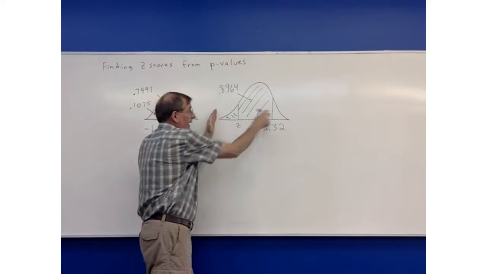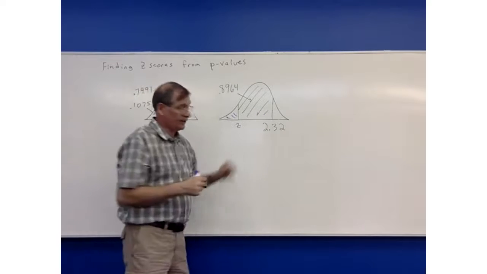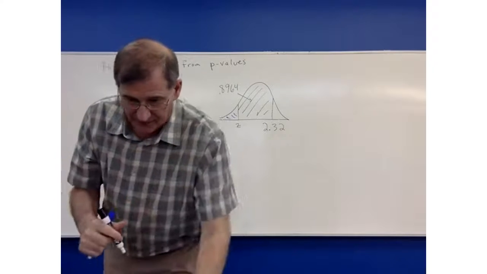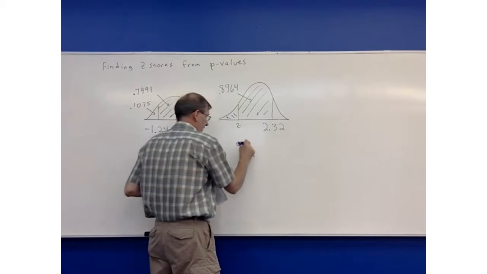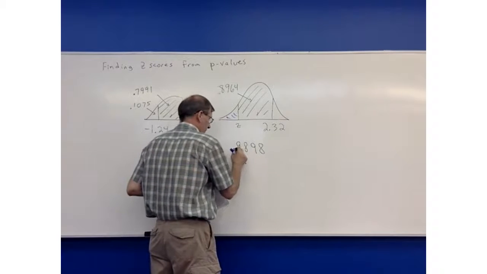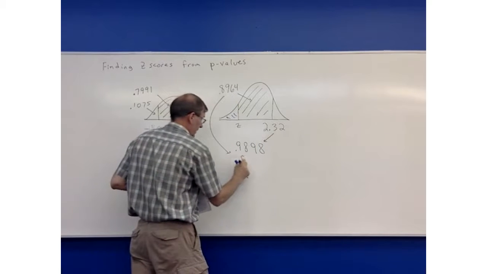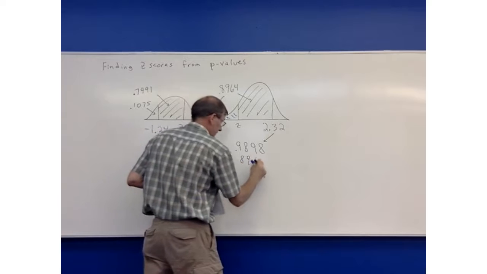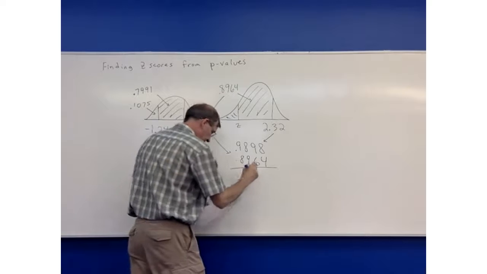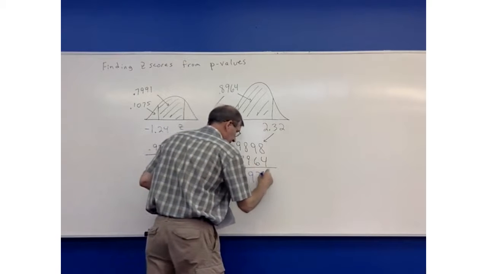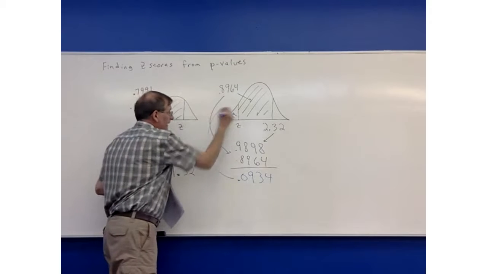If we subtract that area off, we'd be left with the blue area. So if I look up 2.32, that value is 0.9898, that comes from there, and this comes from here, 0.8964. Then you subtract, and you get 0.0934. Now that's the area right here.